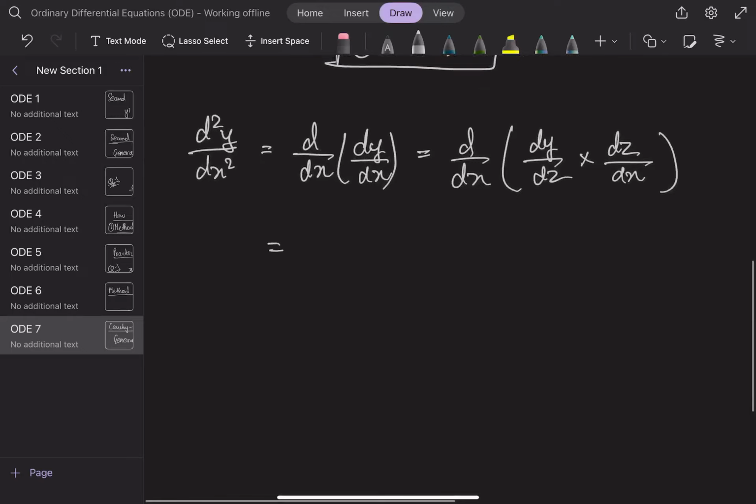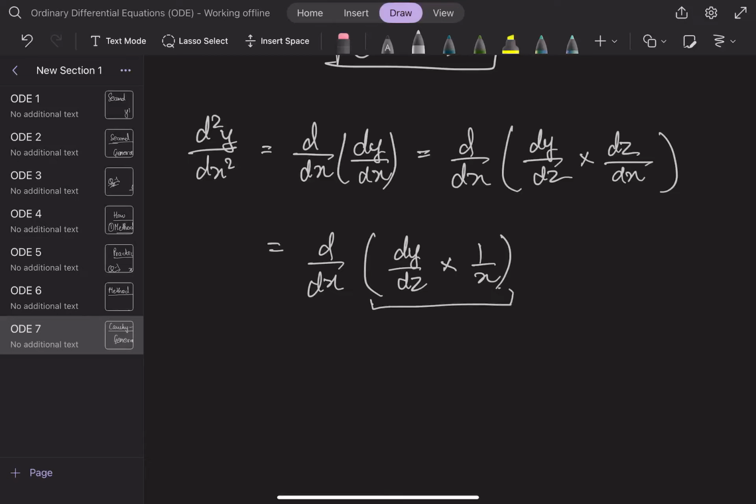So this becomes d by dx of dy by dz times 1 by x. So let's apply the product rule to this.